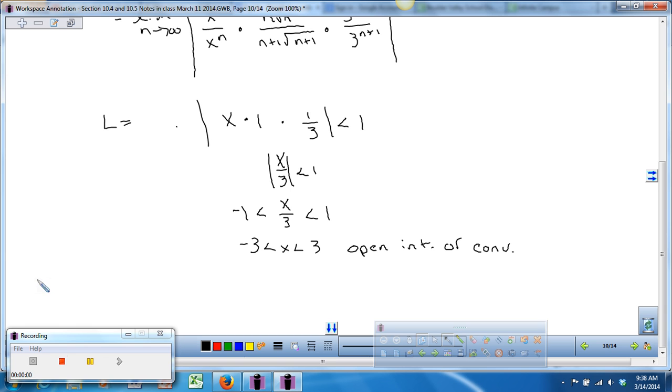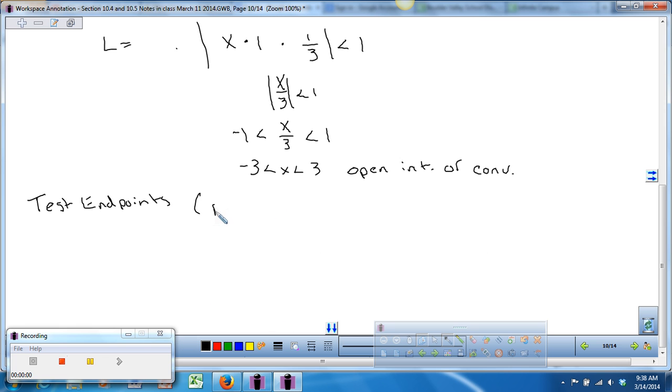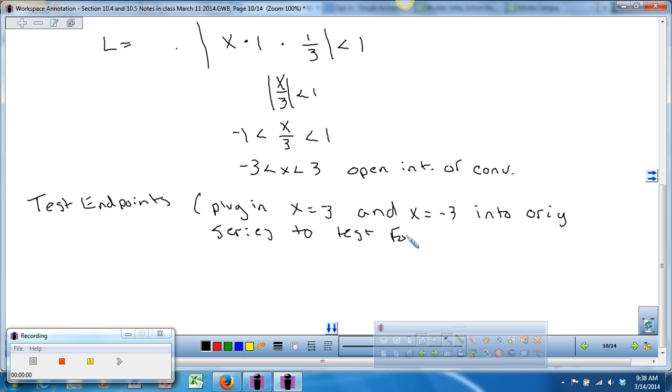That's what we call testing the endpoint, which means to plug in x equals 3 and x equals -3 into the original series to see if it converges or diverges, and to test for convergence.